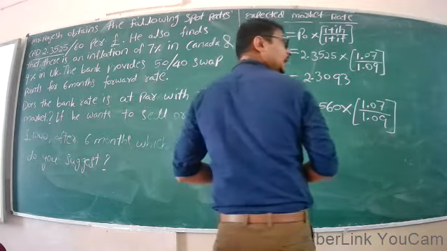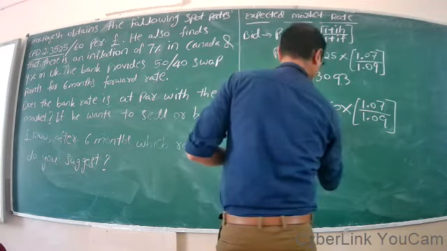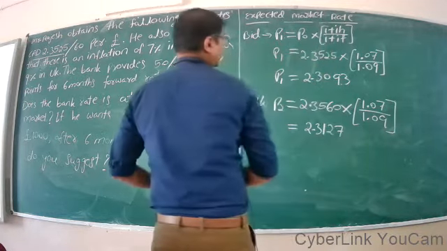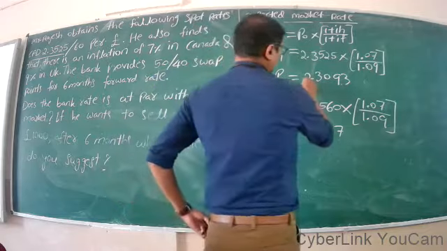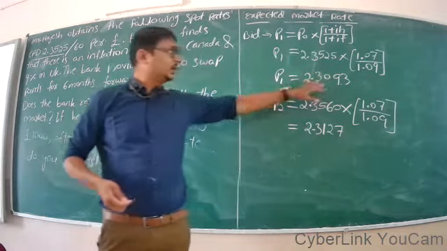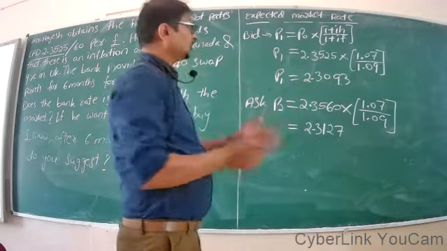So the ask price in the given problem is 2.3127. That means 2.3093 Canadian dollar per sterling pound is the bid price.